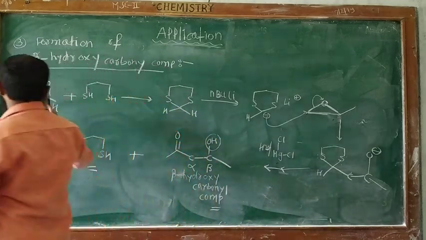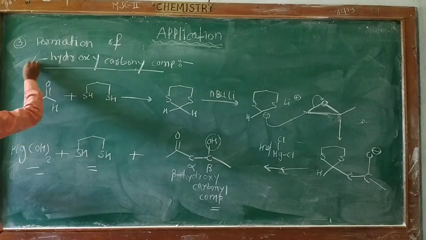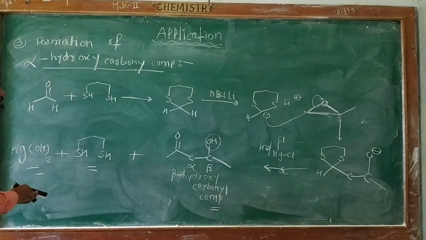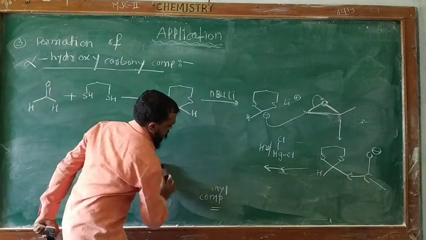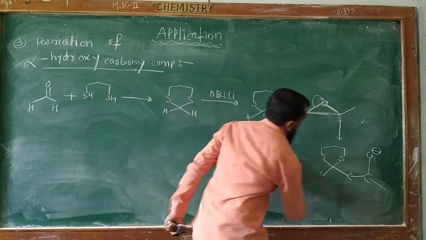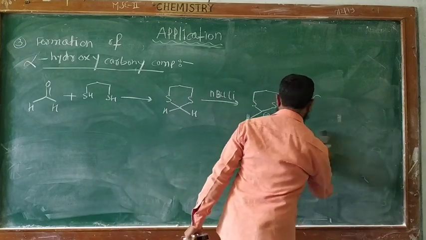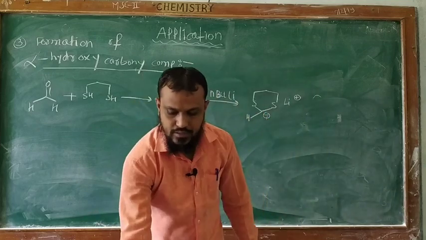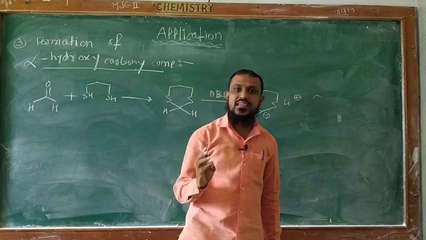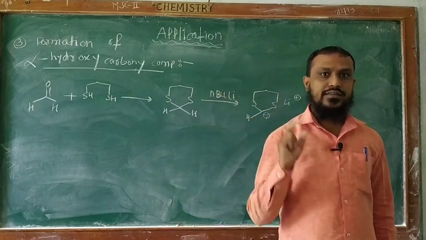Okay. Now the last and fourth application of Umpolung concept is formation of alpha-hydroxy compound. Alpha-hydroxy compound. Okay. So alpha-hydroxy compound is prepared by the reaction of lithiated salt with aldehyde or ketone.